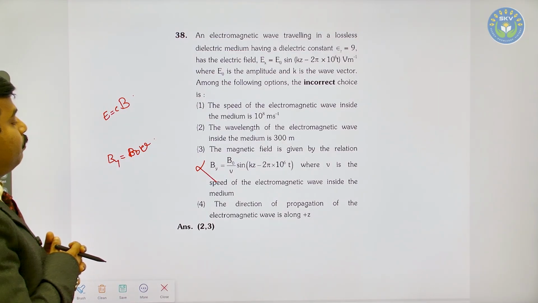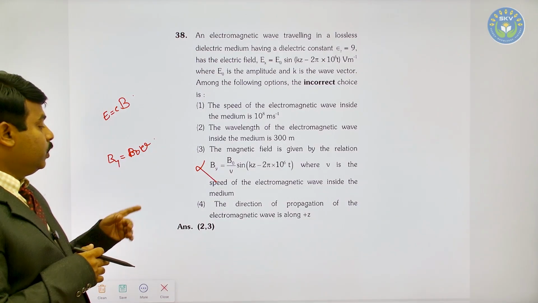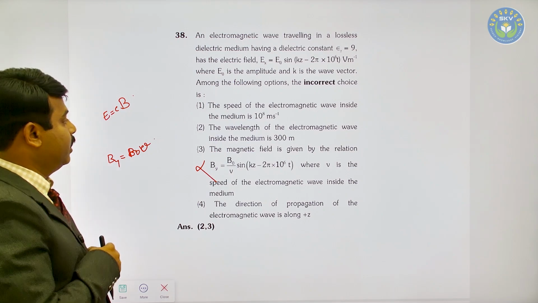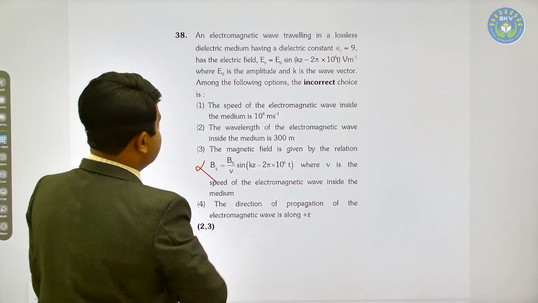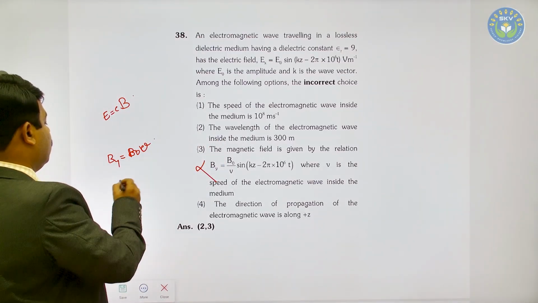Now regarding the other options, two options are found to be incorrect. So this is a multiple option correct question, but we can write only one answer. So you get a bonus mark here, right? For the option that the wavelength of the electromagnetic wave inside the medium is 300 meter, how can you calculate it?